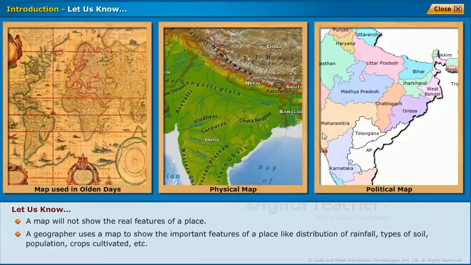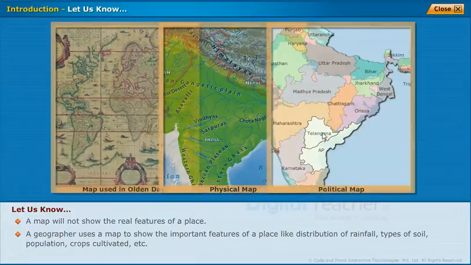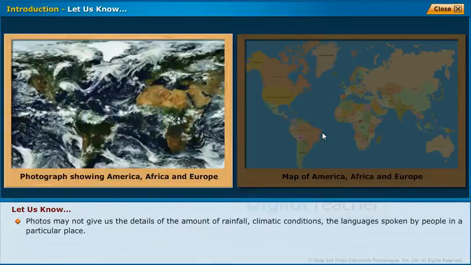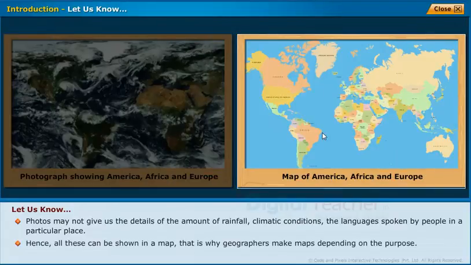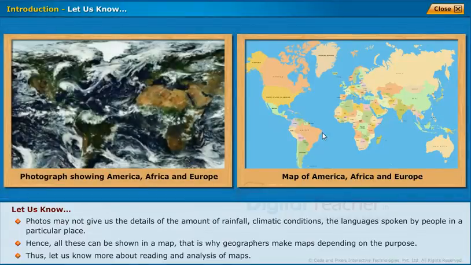A geographer uses a map to show the important features of a place like distribution of rainfall, types of soil, population, crops cultivated, etc. Photos may not give us the details of the amount of rainfall, climatic conditions, the languages spoken by people in a particular place. Hence, all these can be shown in a map. That is why geographers make maps depending on the purpose. Thus, let us know more about reading and analysis of maps.